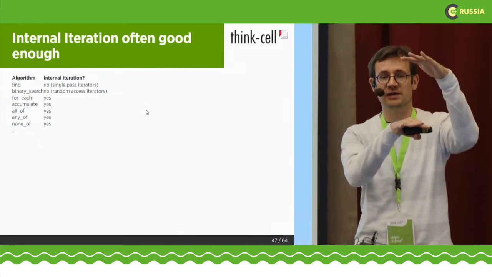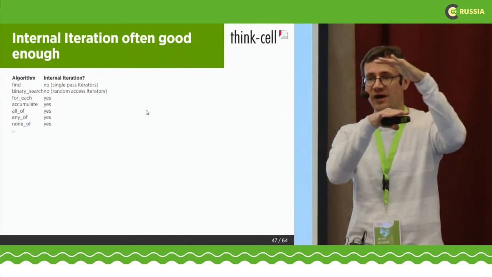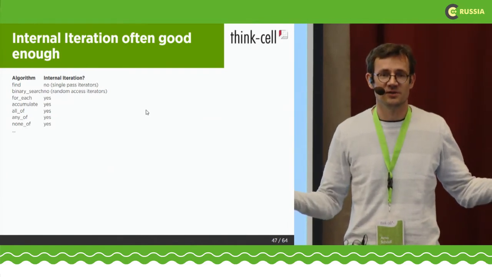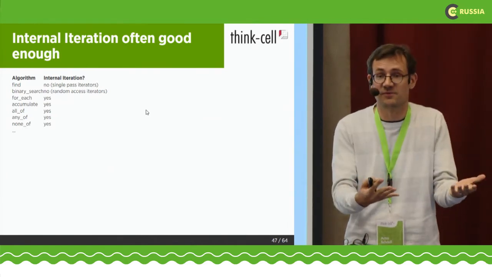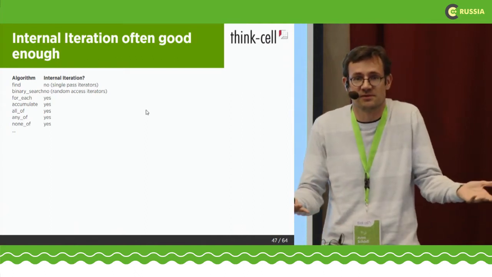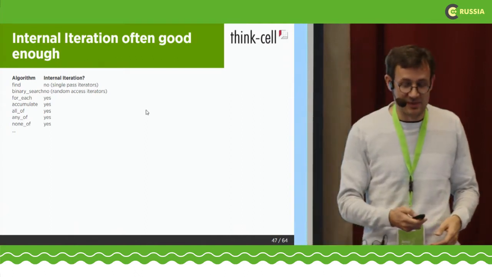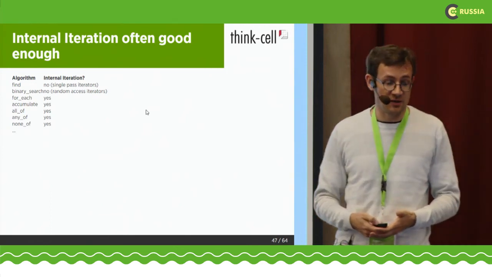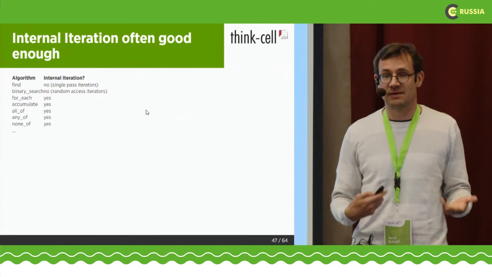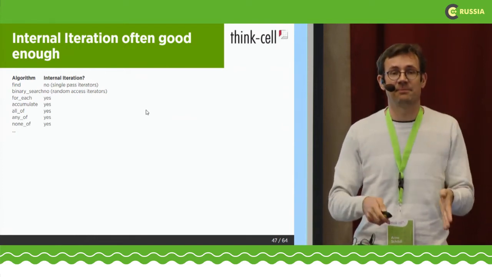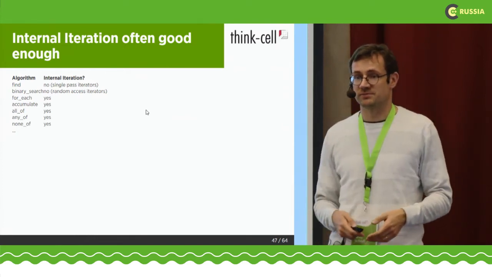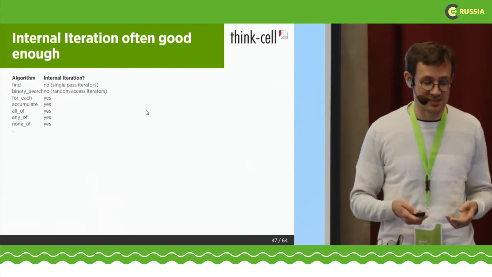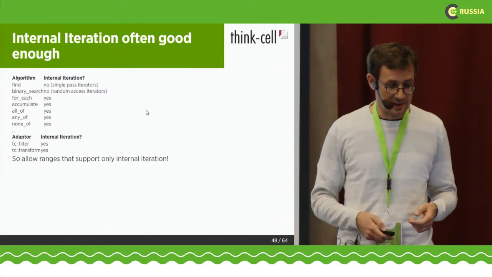You say, here's my body that I want you to call for every one of my elements. Well, this is exactly what internal iteration is doing. So the for each is very natural, and it's very frequent. Most of these for loops are for eaches that we are using ranges for. You can do accumulate, you can do all of, any of, none of. So many of the algorithms that we are running are actually happy with internal iteration. It seems silly not to support it, because performance-wise it has advantages.